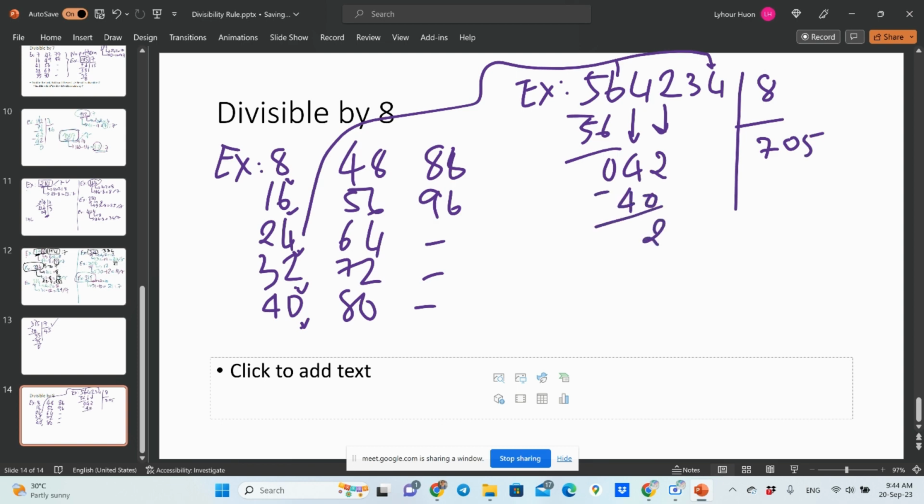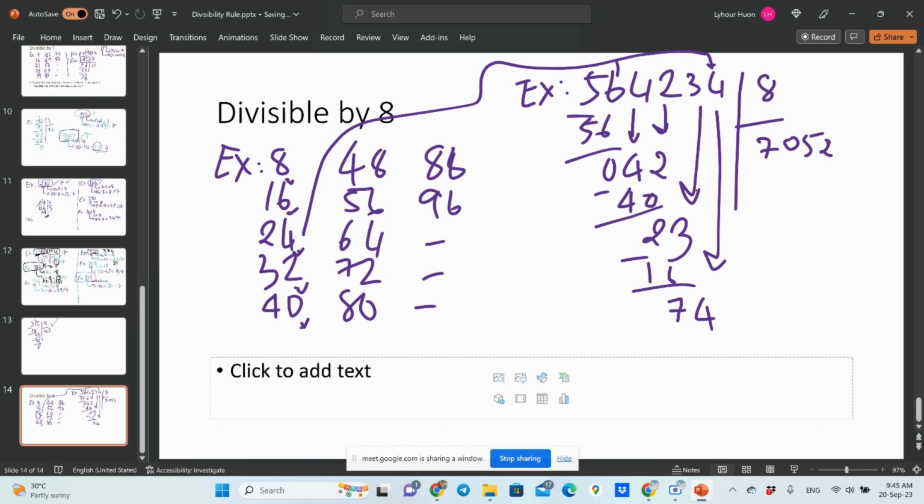And then we have 2. We drop the 3. How many times does 8 go into 23? 2 times. 8 times 2 is 16. And the remainder is 7. Which is not divisible.